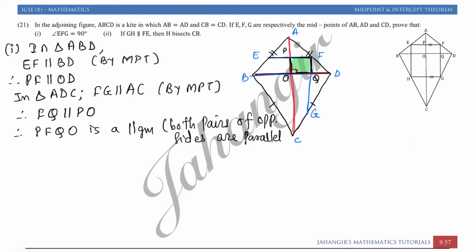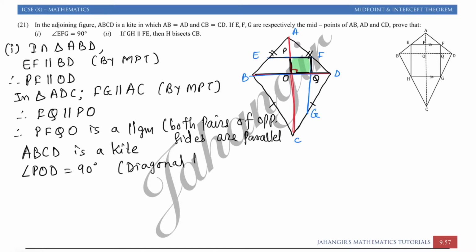So therefore its opposite angles are equal. Now ABCD is a kite. So therefore angle POD, or sorry, POQ, not POD, is equal to 90 degrees because its diagonals bisect at 90 degrees.